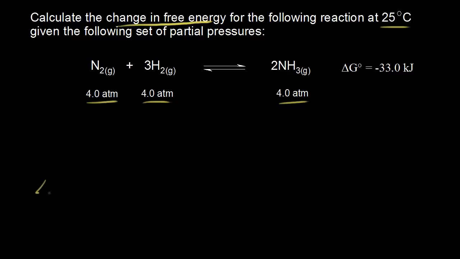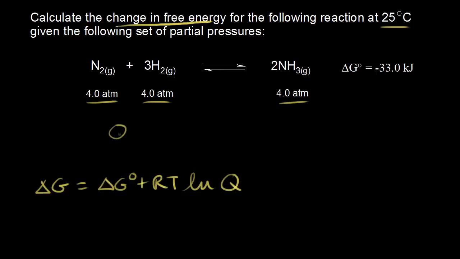So we're trying to find the change in free energy. We're trying to find delta G, and we know delta G is equal to delta G0 plus RT natural log of Q. So we need to find Q, the reaction quotient. So this is QP, and from the previous example, we know how to find Q. So I'll go through this a little bit faster.